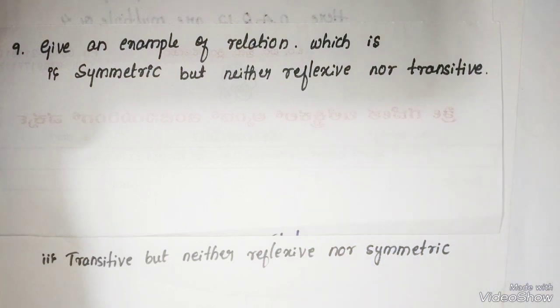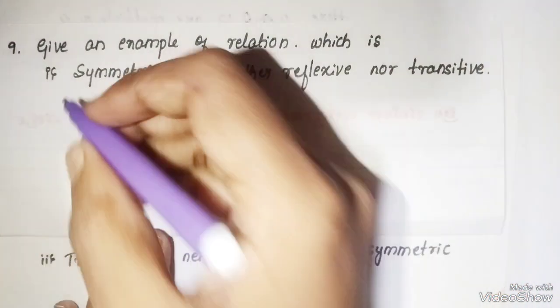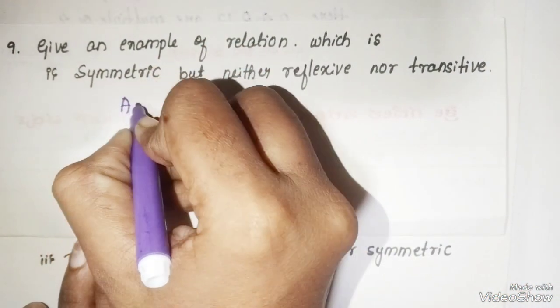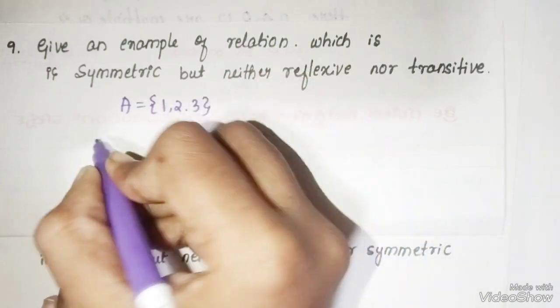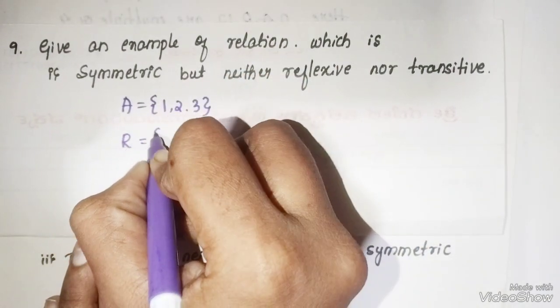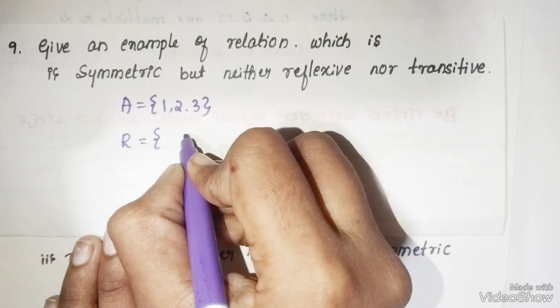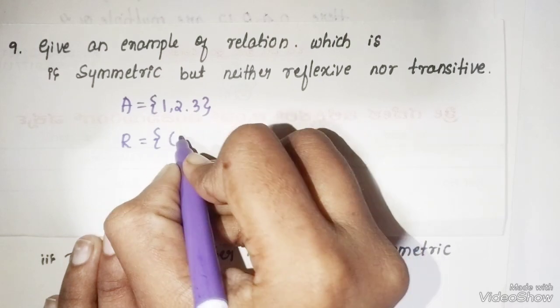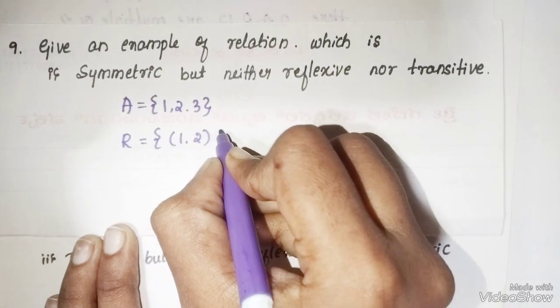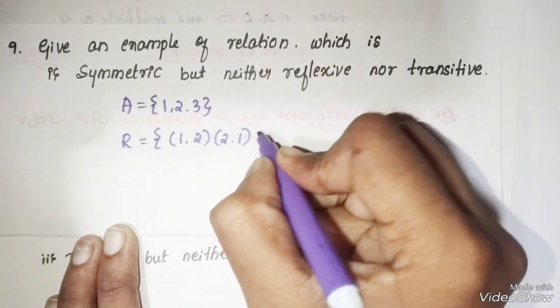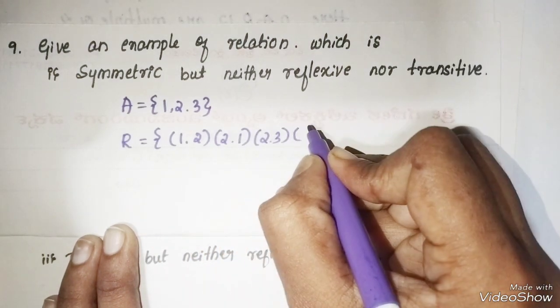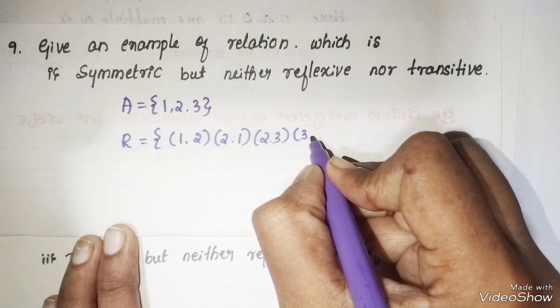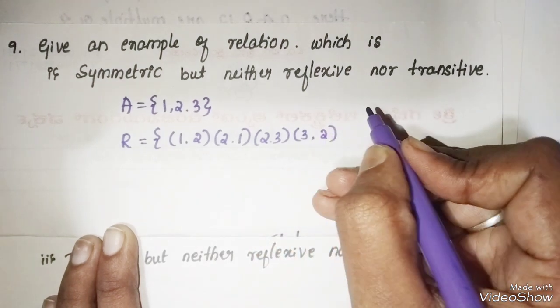Here, consider a set A equal to {1, 2, 3} and a relation. 1 is related to 2, again 2 is related to 1. 2 is related to 3, then 3 is related to 2.